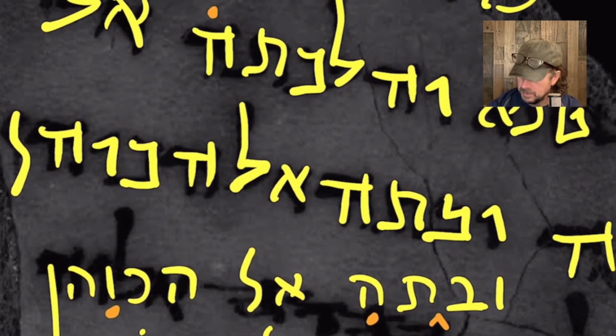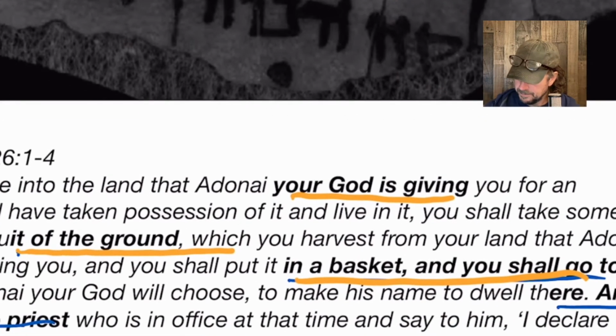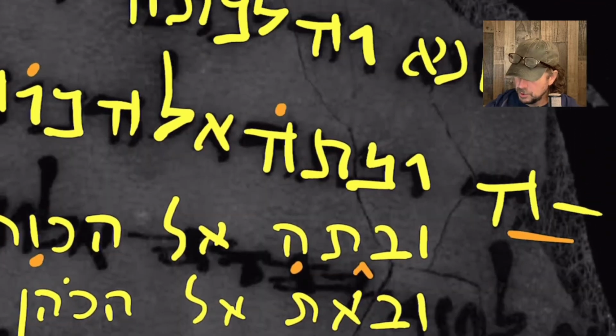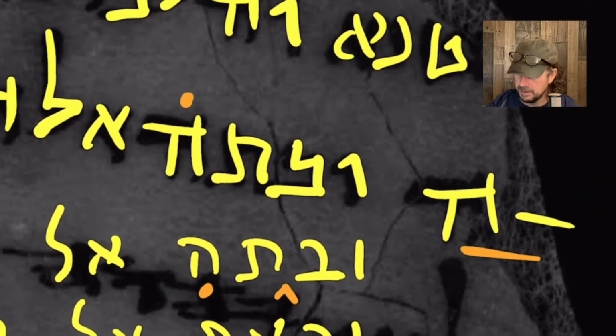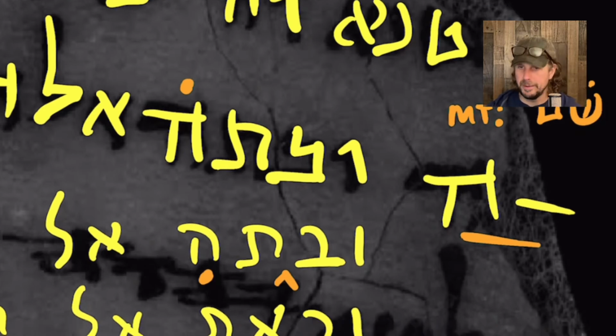So now we go back and we see this letter's added, this letter's added. And it turns out that this letter, this hey in the far right, is also not present in the Masoretic text, because it should be the word sham, there. So the Masoretic text has shin, mem sofit here, sham, there, cause his name to dwell there.